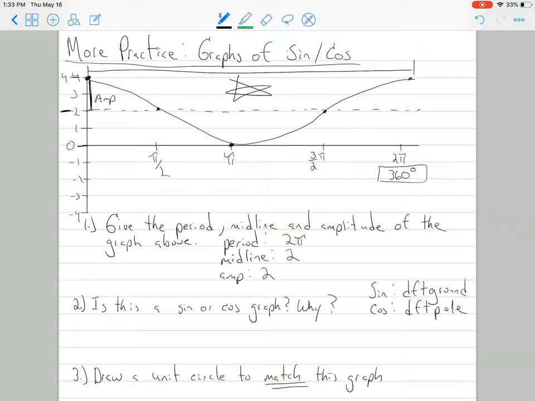All right, hopefully you recognize that this is a cosine graph. Well, one, cosine always starts at the highest point.